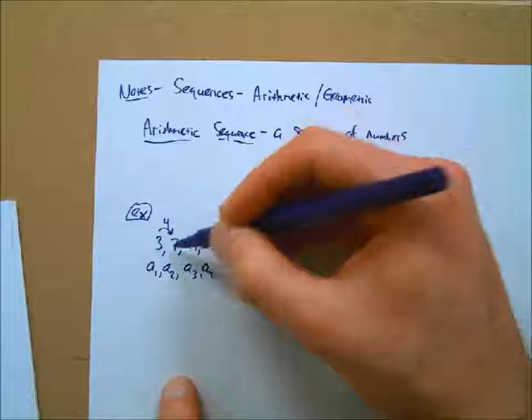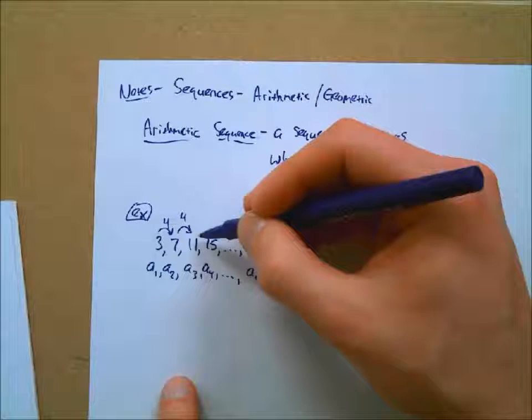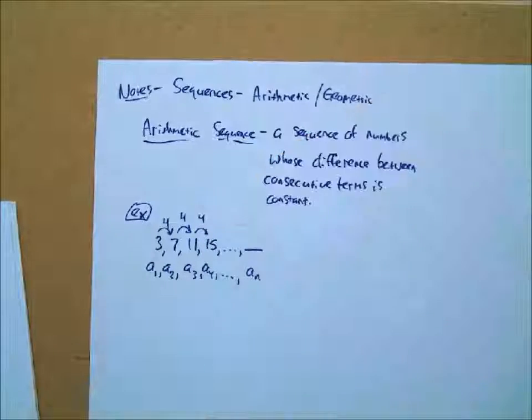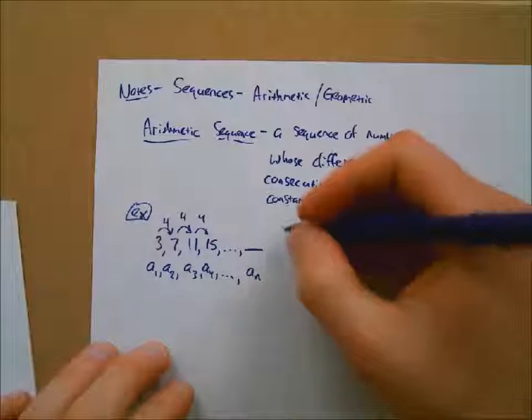What's the difference between these two? 4 as well. And from 11 to 15? 4 as well. Positive 4. Looking at this pattern, is it going to be arithmetic? Yes.